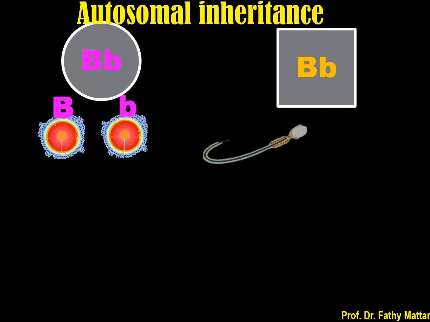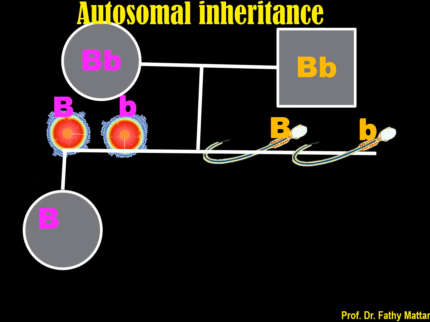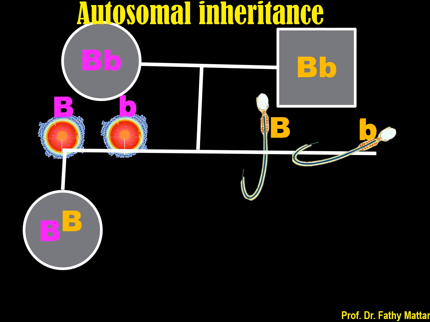If we have a man, he will also have spermatozoa which have the dominant allele and spermatozoa that have the recessive allele.